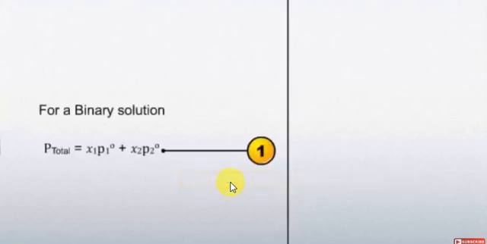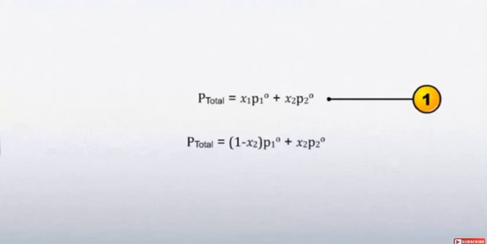Further, you know that for a binary solution, the sum of mole fractions X1 and X2 is equal to 1. Or, we can write X1 equal to 1 minus X2. Now substituting for X1 in equation 1, we get P total is equal to (1 minus X2) P1 naught plus X2 P2 naught.